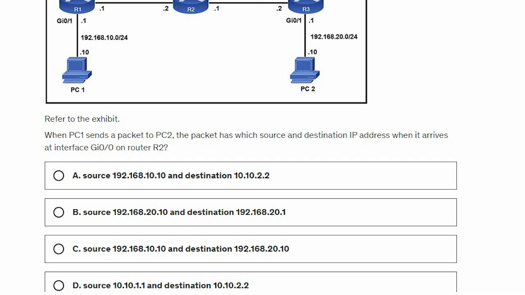Pause the video and answer this question. The correct answer is C. Source 192.168.10.10 and destination 192.168.20.10 is the correct answer.